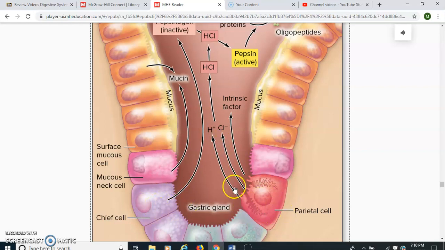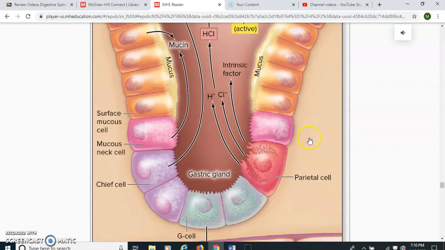Just like the parietal cells don't release hydrochloric acid, but release hydrogen and chloride that can combine to form it, the chief cells don't release the active enzyme, they release the inactive one. That way, we have these products that are harmful to our cells, we have them in here, and we have barriers so that they don't destroy the epithelial cells that line our stomach. So those are the chief cells. Their function: produce pepsinogen and release it.